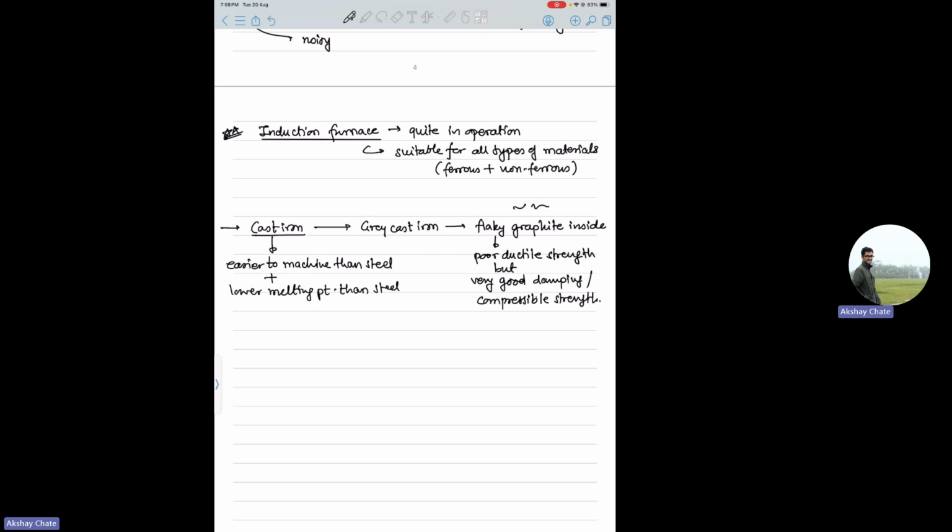So these two things you need to remember about cast irons in general, and then we are talking about different types of cast irons. So grey cast iron is there.